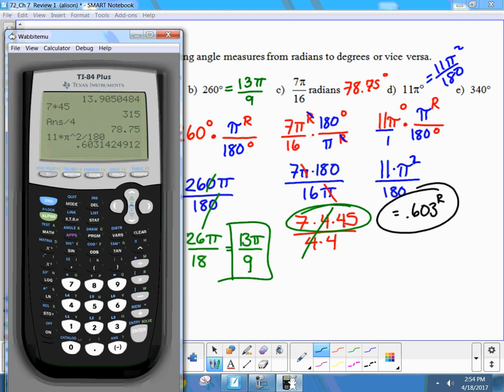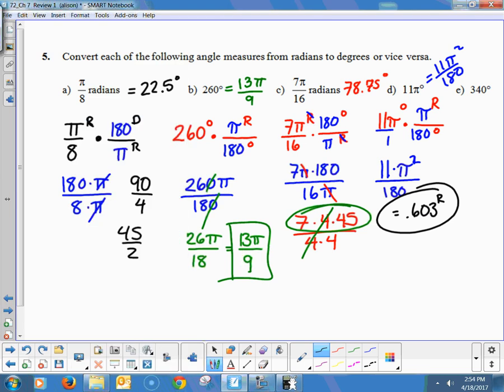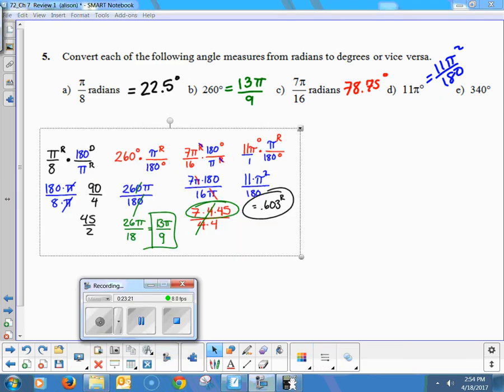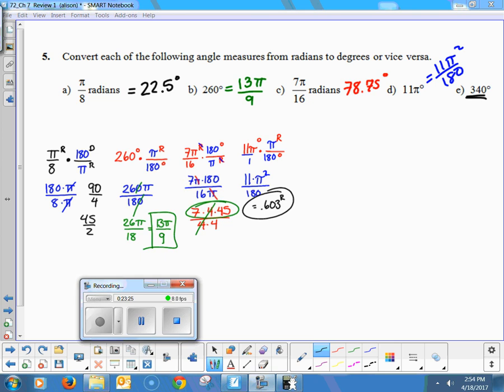All right, and last but not least, we have this 340 degree angle. So I have 340 degrees, and we want that to be in radians. So I want to multiply by radians over degrees so that my units, again, will cancel. I happen to know, and I bet you do, that pi radians is the same as 180 degrees.